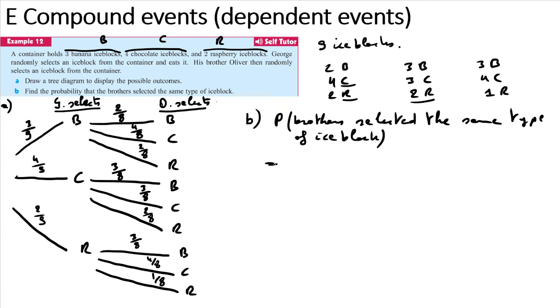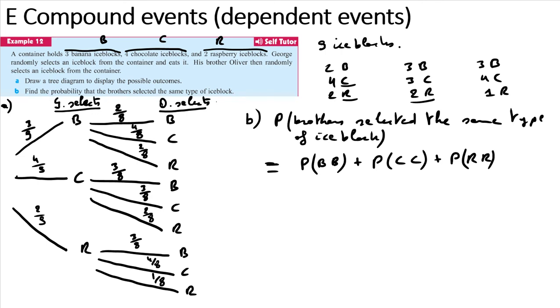So that is the probability that George selects a banana ice block and Oliver selects a banana ice block, plus the probability that George selects a chocolate ice block and Oliver selects a chocolate ice block, plus the probability that George selects a raspberry ice block and Oliver selects a raspberry ice block.